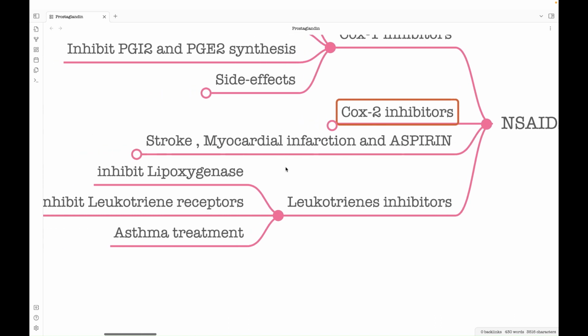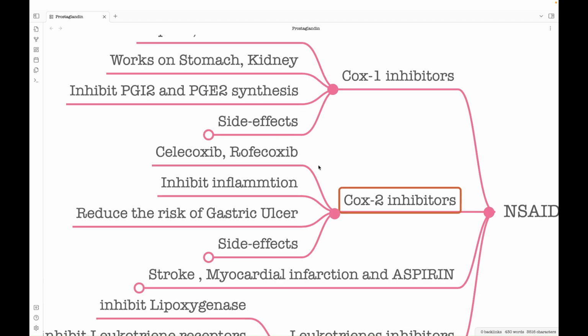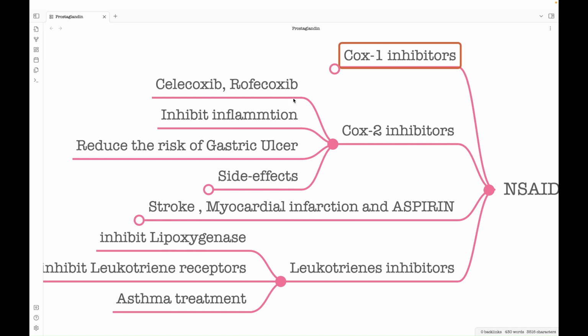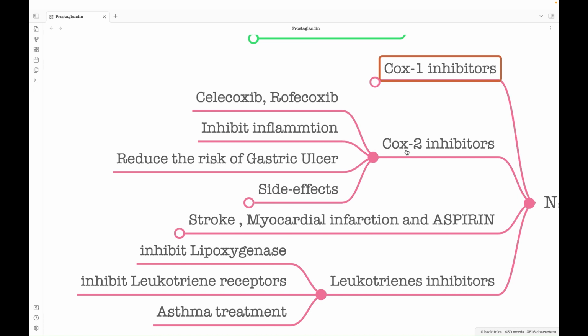If we take COX-2 inhibitors, there will be no chance of ulcers, because they don't hamper the digestive system. Examples of COX-2 inhibitors are celecoxib and rofecoxib. They can inhibit inflammation, obviously, because COX-2 is only produced when there is inflammation and the cytokine level is high. So taking COX-2 inhibitors will inhibit the inflammation.